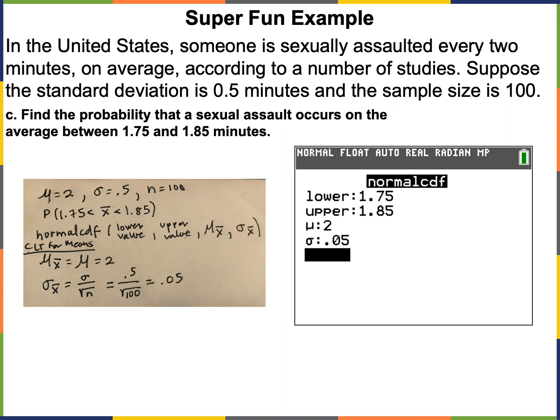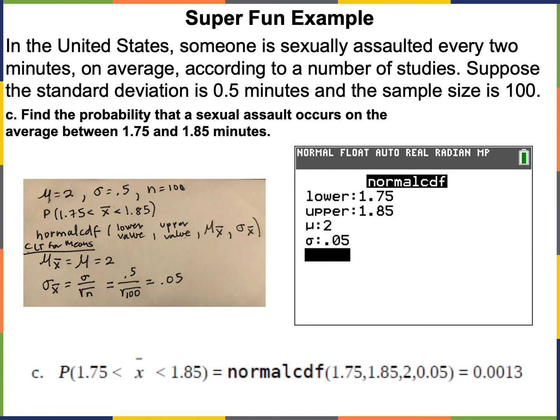You plug it into a normal CDF where your lower value is 1.75, your upper value is 1.85, your mean is 2, and your sigma is 0.05. You get 0.0013, so your probability is 0.13%.